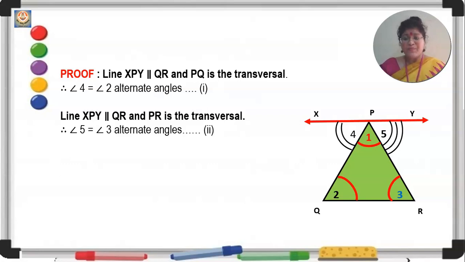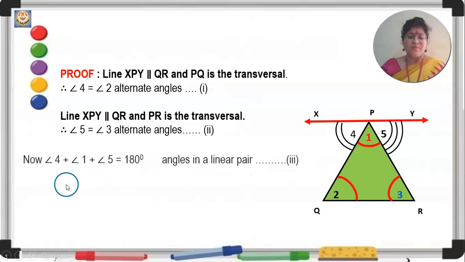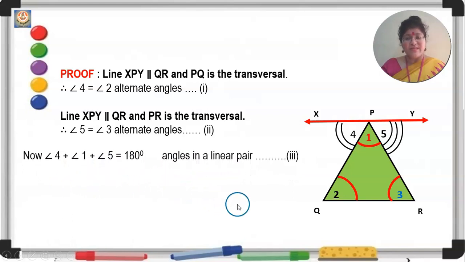Now students, look at this 4, 1 and 5. When you take them together, don't they form angles in a linear pair? So we'll make a note of it. That is angle 4 plus 1 plus 5 is equal to 180 degree because they are angles in a linear pair. And let's number this as statement 3.